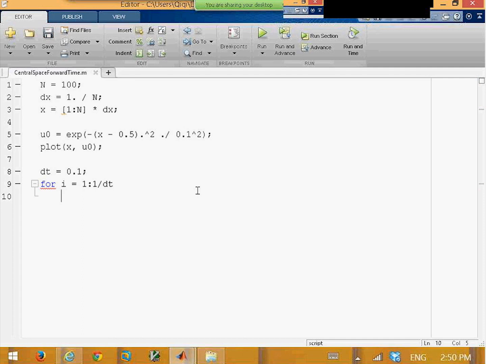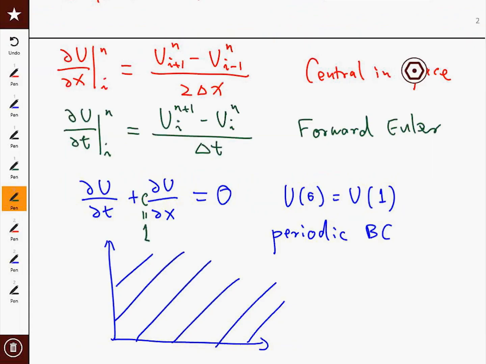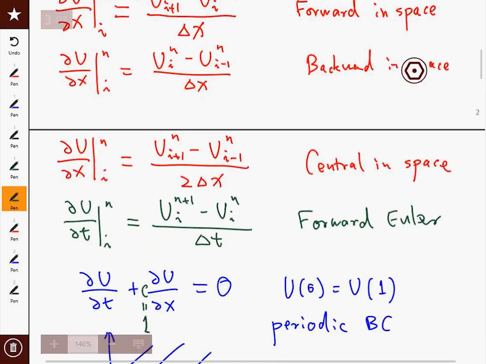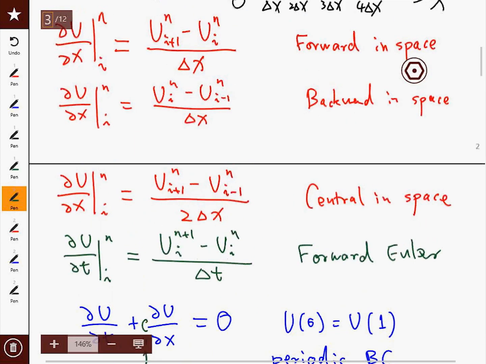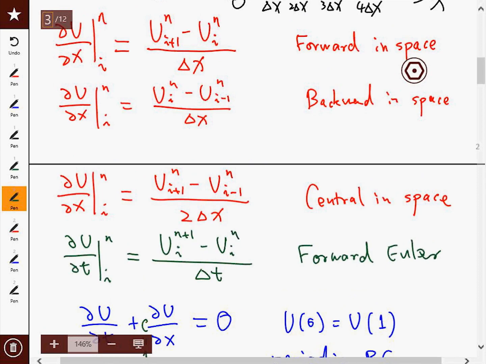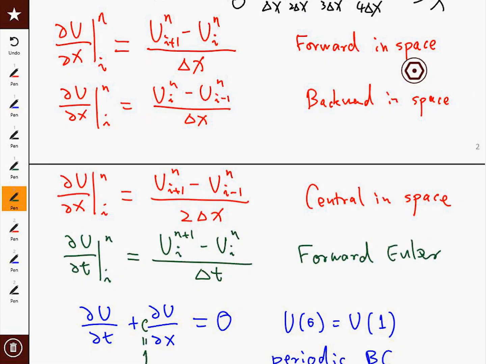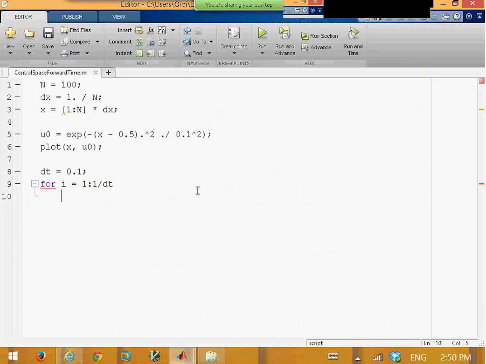Now, when I'm doing forward Euler plus central difference, I need to first compute dudx at each grid location. And dudx, at each grid location, is the difference between the solution towards the right minus the solution towards the left, divided by 2 delta x. And look carefully at how I'm computing the solution on the right and on the left.